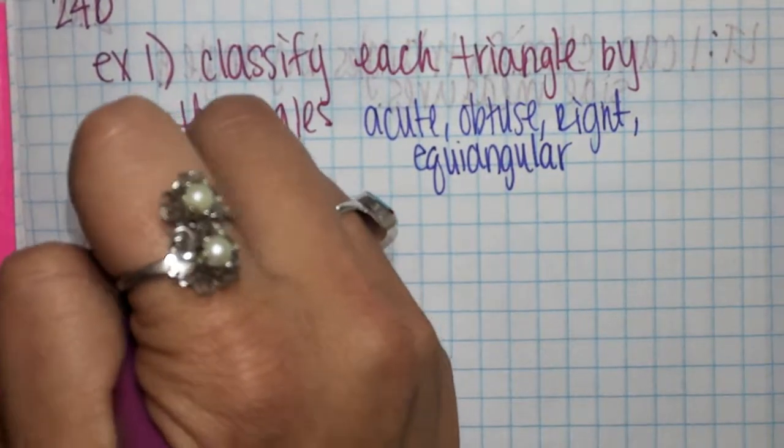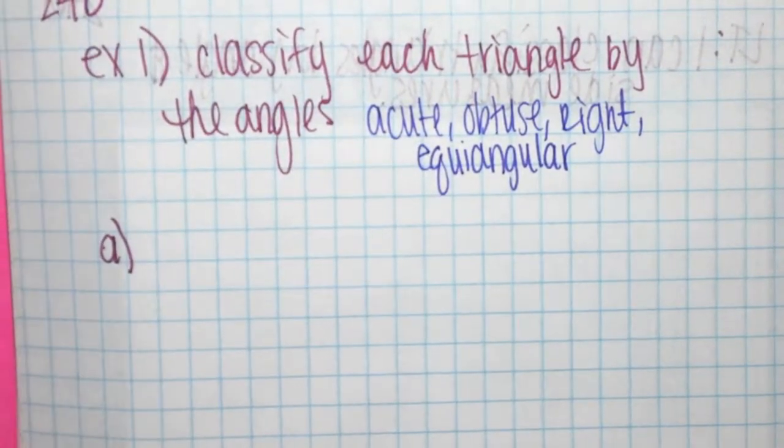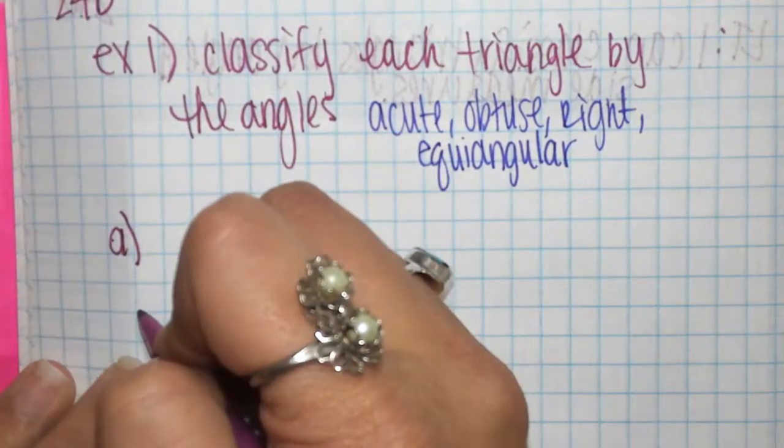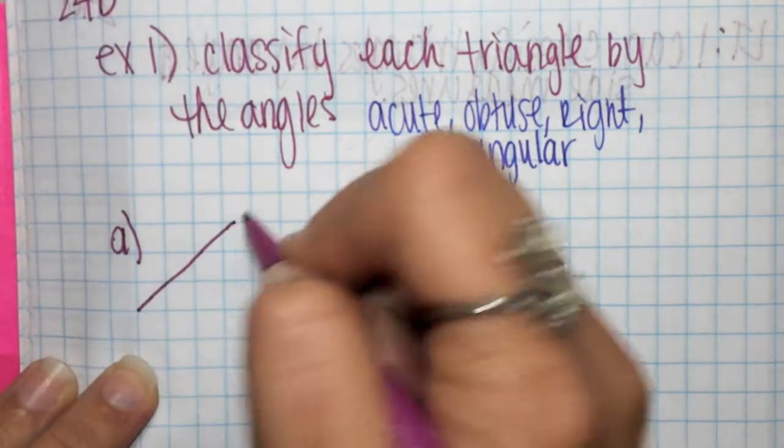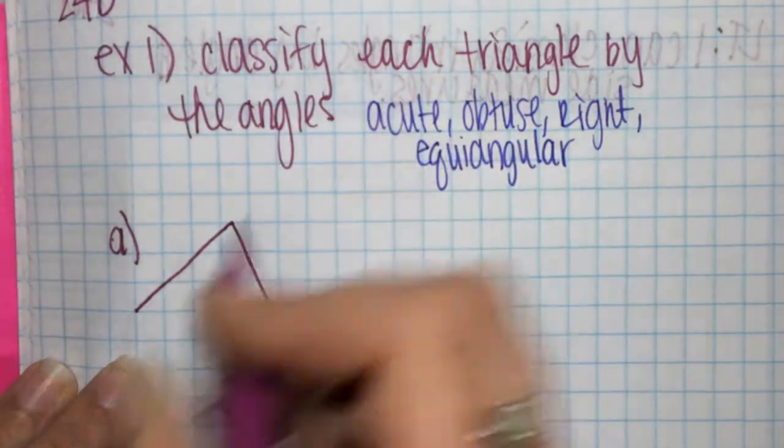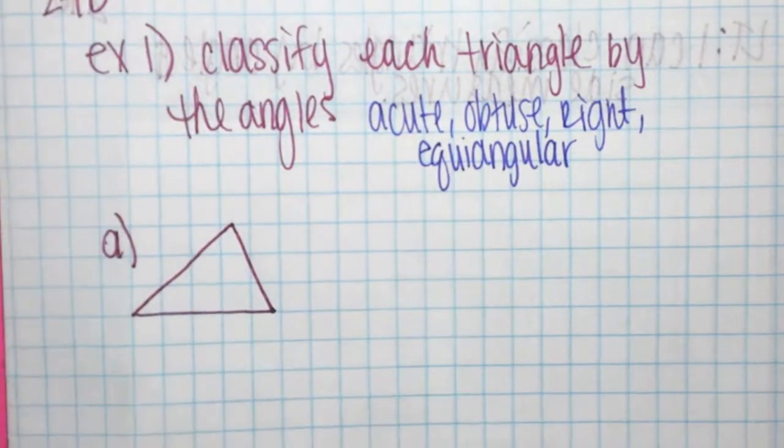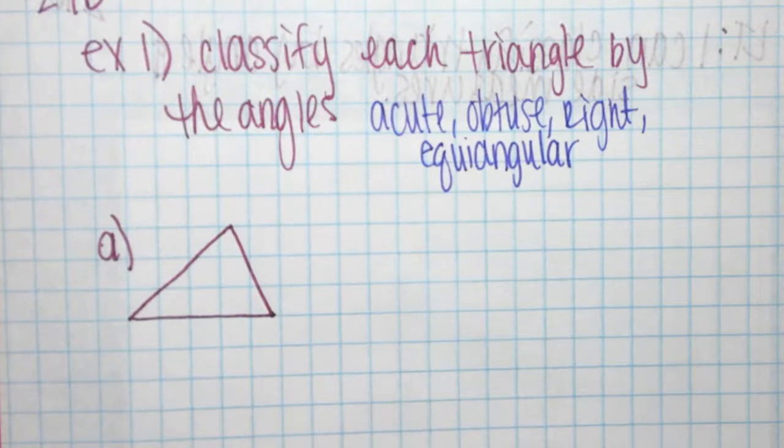Alright, so A, this is what your first triangle is going to look like. Draw this triangle.